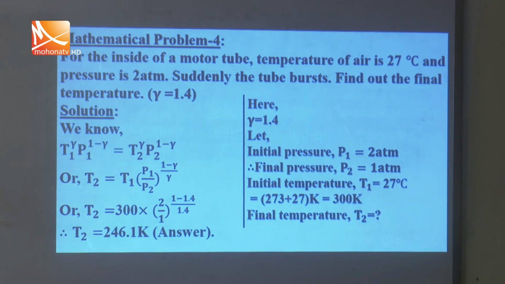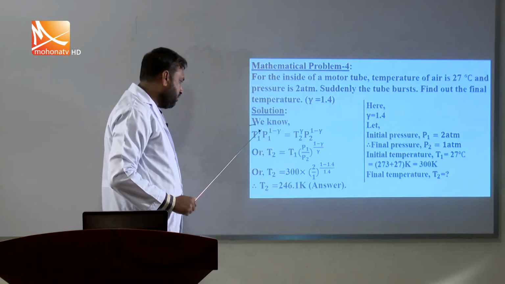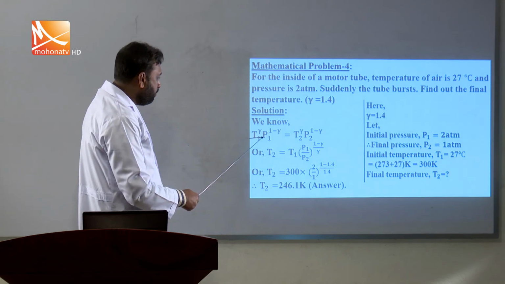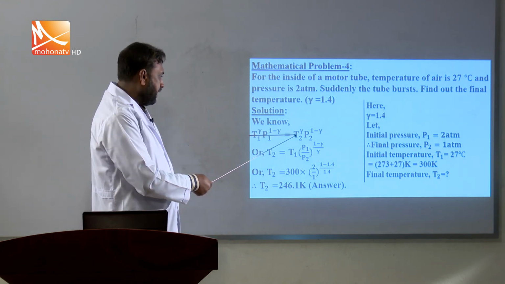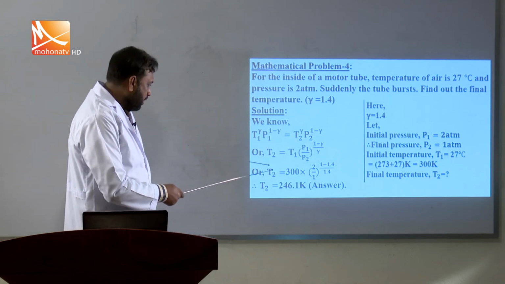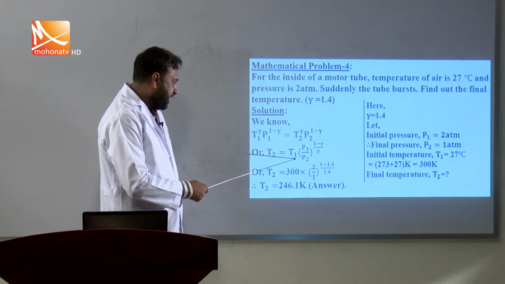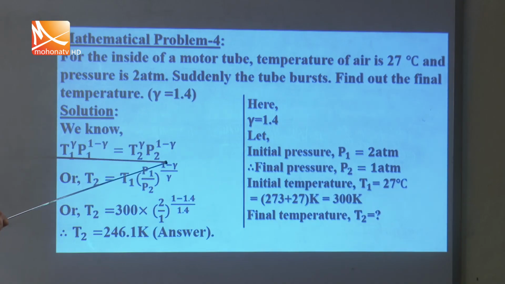We know the relation between pressure and temperature. The equation becomes T1^gamma P1^(1 minus gamma) equals T2^gamma P2^(1 minus gamma). Now rearrange this equation. T2 equals T1 times (P1 divided by P2) to the power (1 minus gamma) divided by gamma.